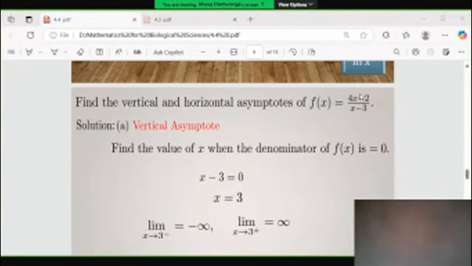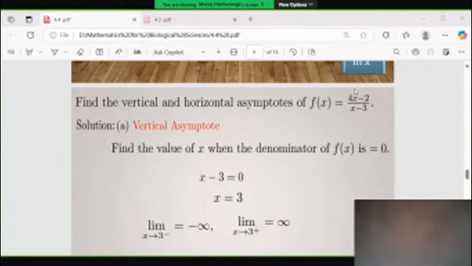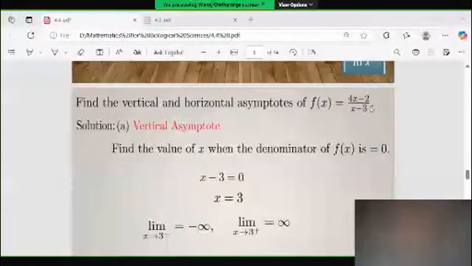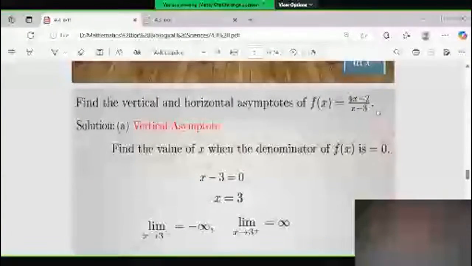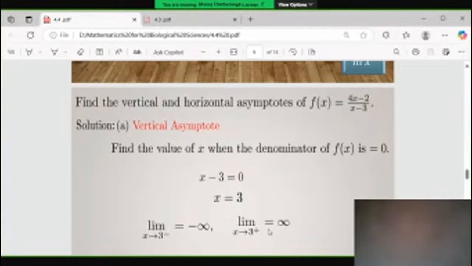Negative to some infinite value, so that means it must be negative infinity. For numbers above 3, let's say 4, this ratio is positive, and as x approaches 3, this function goes to some infinite value. That means when we go to 3 from the right hand side, the function goes to positive infinity.